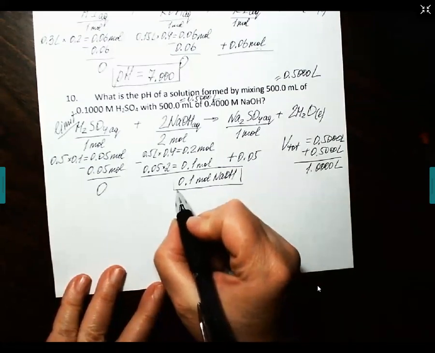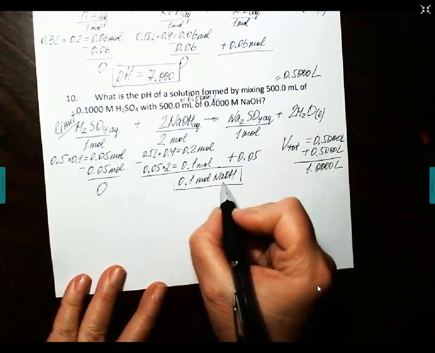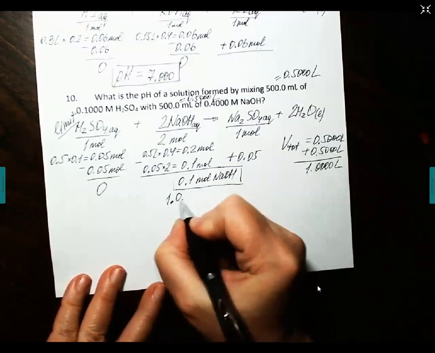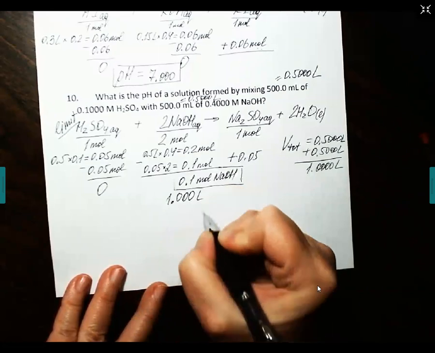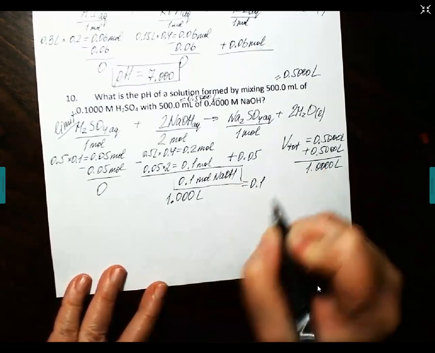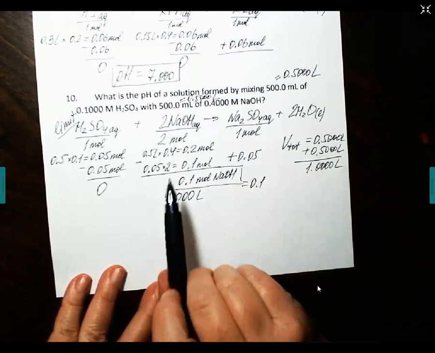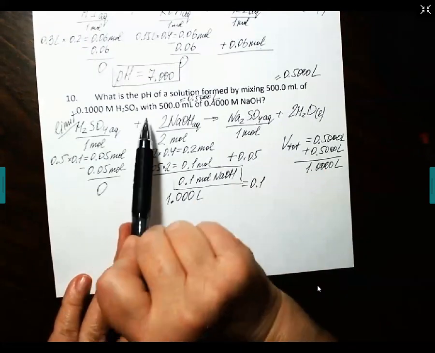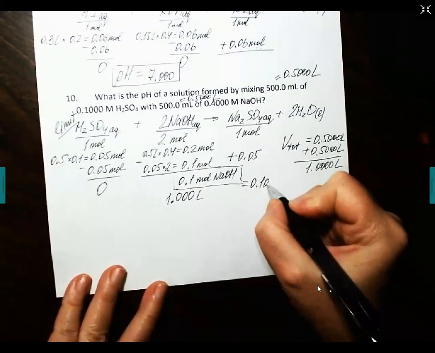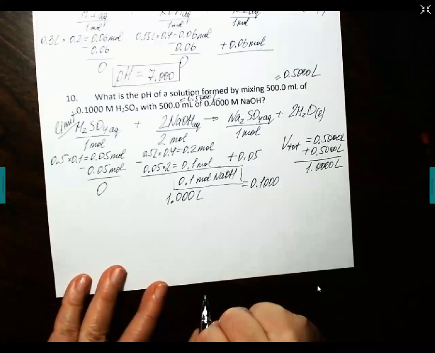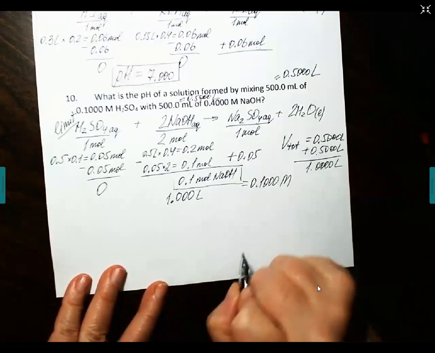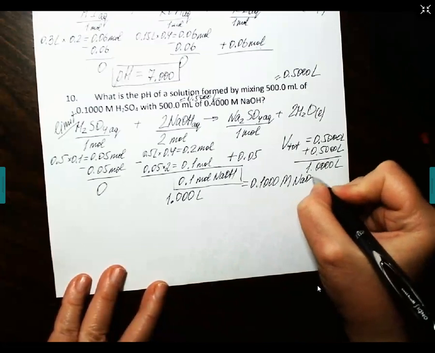So when we divide 0.1 mole by 1.0 liters, we'll get 0.1 mole per liter concentration. Now let's look at significant figures. 4, 4, 4. So we need 3 more zeros to keep the required number of significant figures. And this is the final molarity of NaOH.